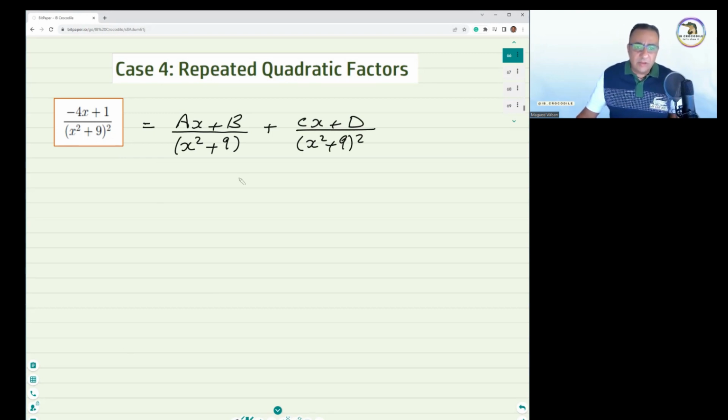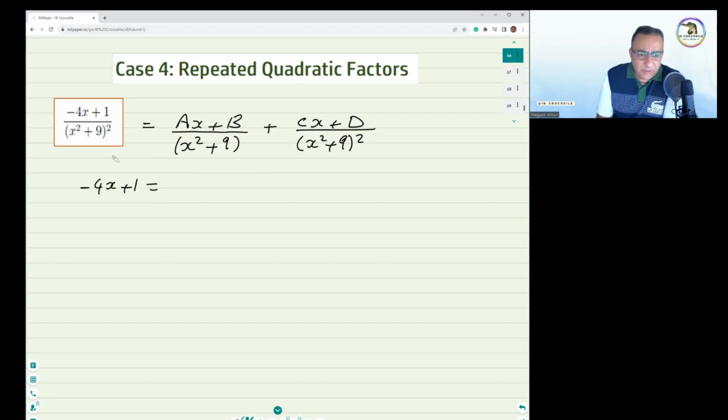If I take the LCM, or the common denominator, between these two denominators, you will end up with the original denominator of the rational function. So our target now is to find all these constants. As you know, we multiply both sides by the denominator of the original function. On the left-hand side, you end up with negative 4x plus 1.